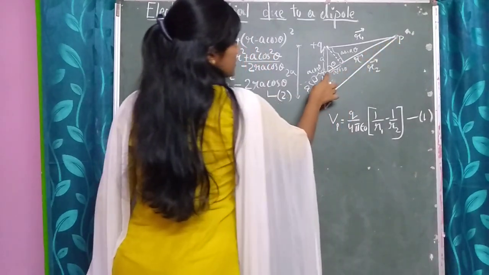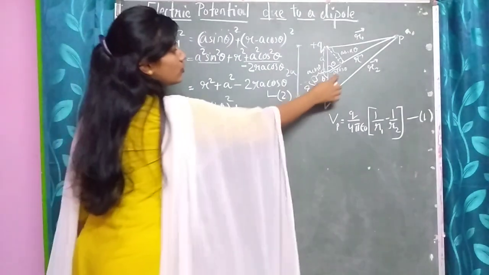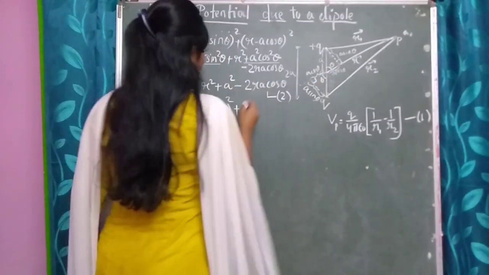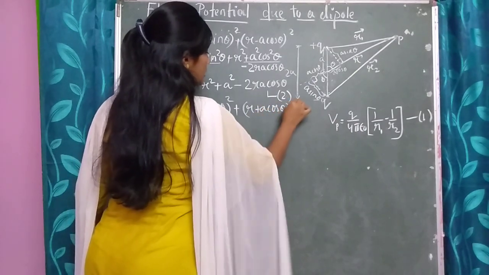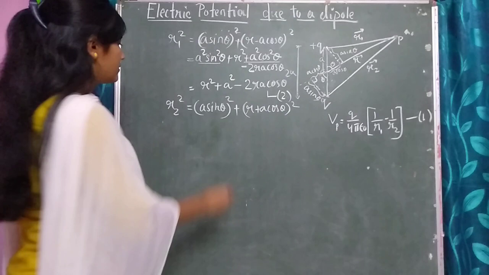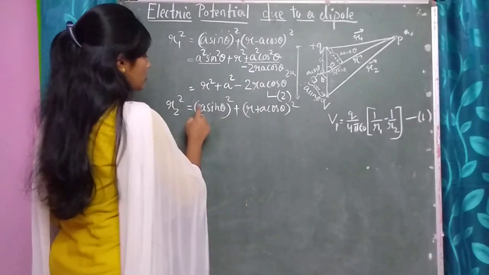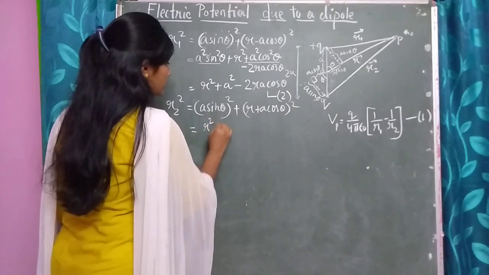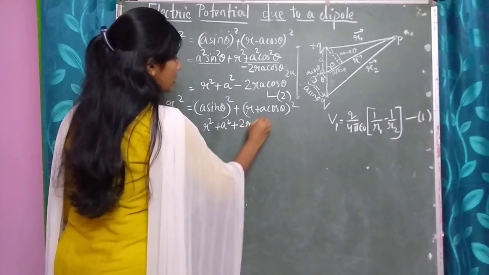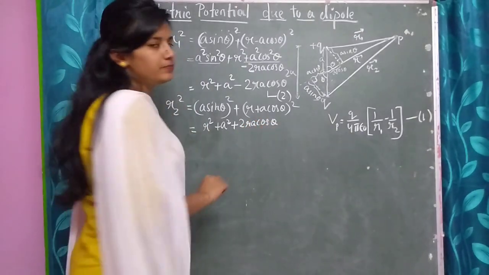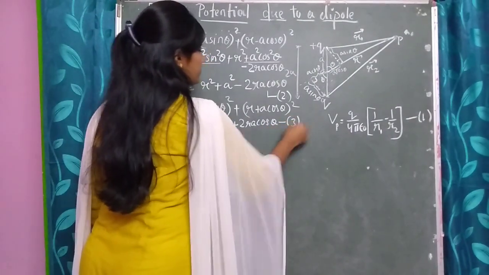This total is R and this one is a cos theta. So R plus a cos theta, and I can write it as, what will be the value if I solve this? Obviously this will be R square plus a square plus 2Ra cos theta. So let it be equation 3.